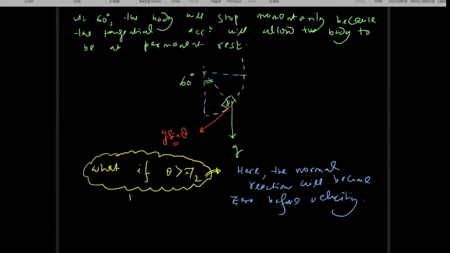So in this territory, we have to use equation 2. This is not the zone to use the velocity equation. This is the zone in which you have to use equation number 2. Okay? Fine.